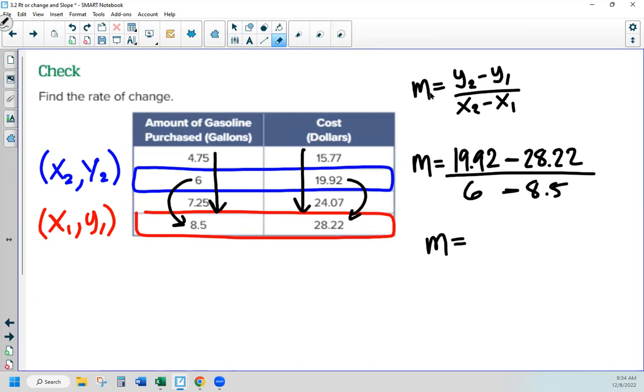But let's see what happens when we have 19.92, which is my birth year, by the way, 28.2 subtracted, that we're going to get a negative 8.3 on that. All right. And then 6 minus 8.3 will give us negative 2.3. Okay.